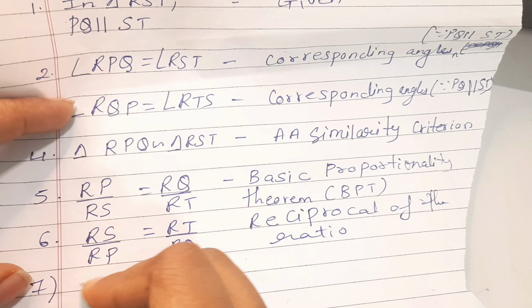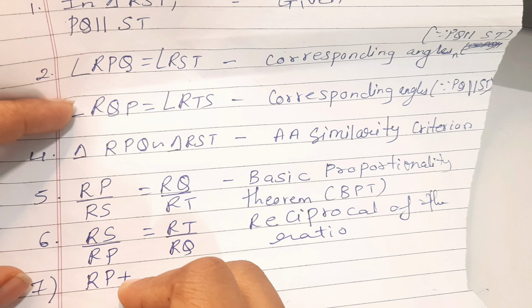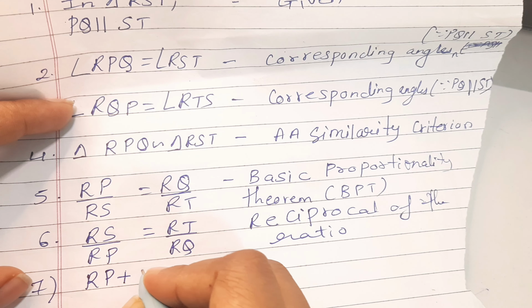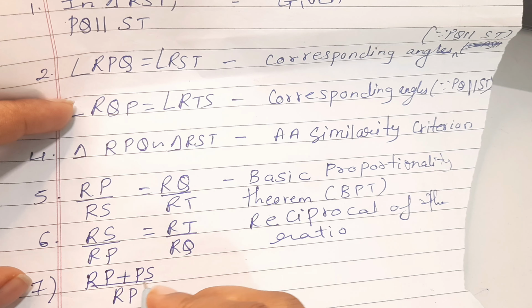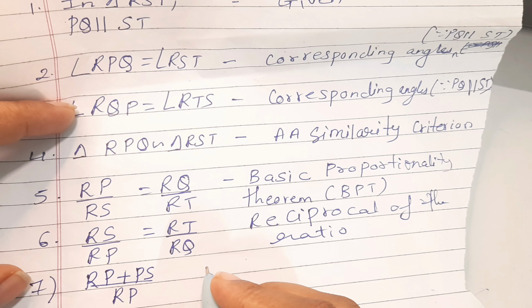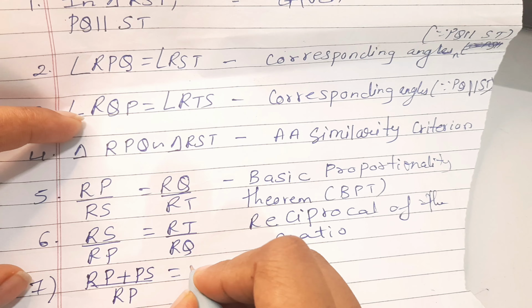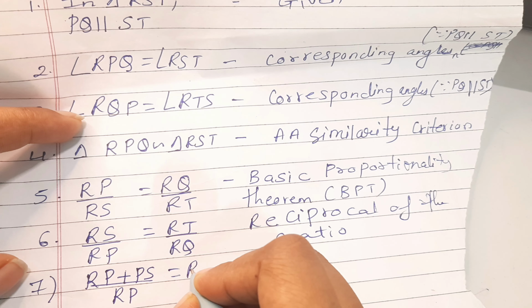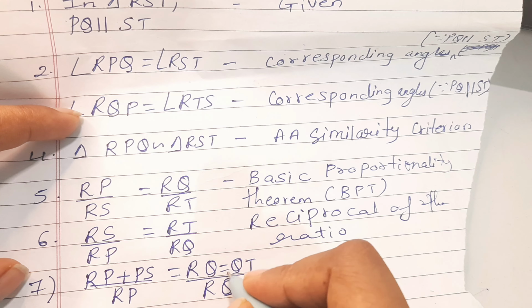Seventh step will be, what I will have to do, RP plus PS upon RP. So I am adding PS on both the side. Here I am adding PS is equal to RQ plus QT upon RQ. Okay, plus it is.